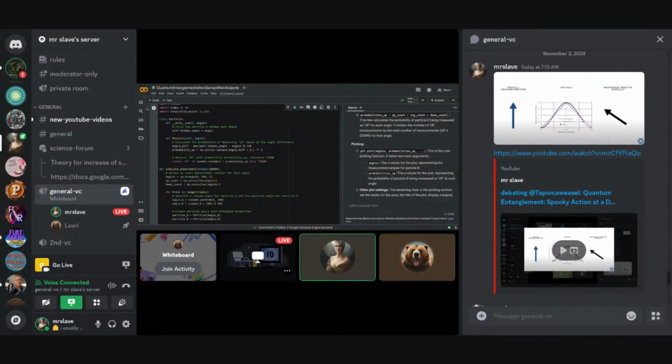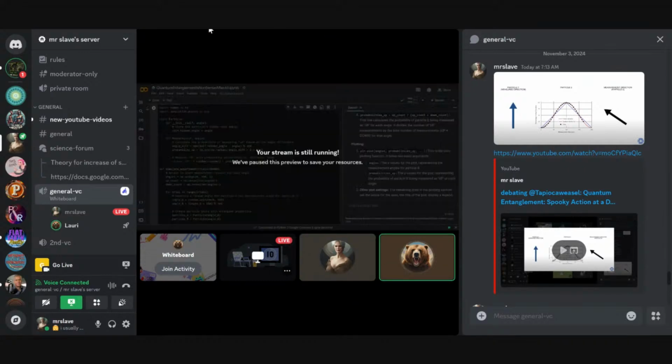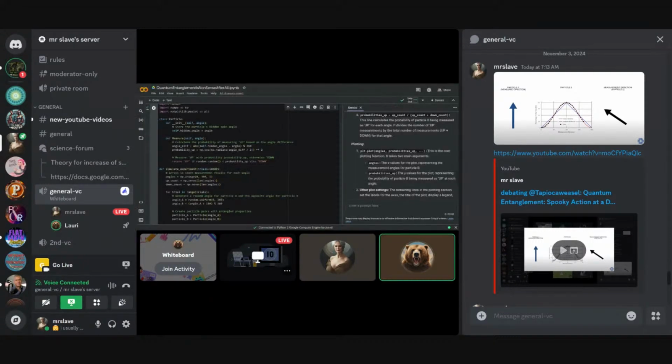Okay, look, we can simplify this. We can swap Python into just English, so it's easier to follow along. And I will tell you a story. Let's take particle A, let's take particle B, send them to different sides of the universe, and then measure the two.